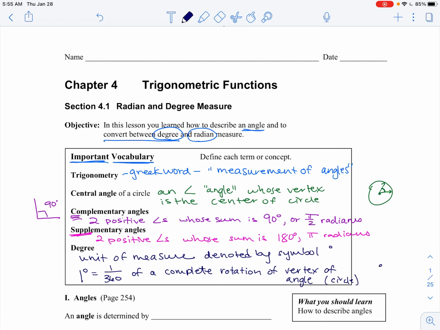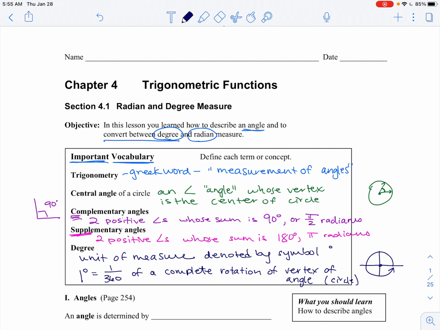If I've got an angle here and it's going around it, that's a complete rotation. And we know 1 degree is one little sliver of it, 1/360th of that. Okay.